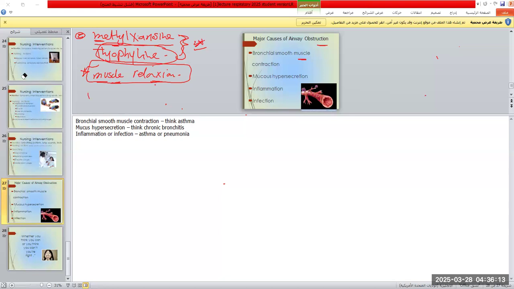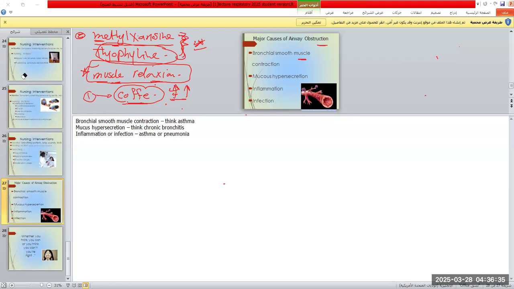The first thing to know is that it is found in some drinks like coffee. It's very important to tell the patient not to drink too much coffee while taking this drug, because it will increase the effect of the drug.